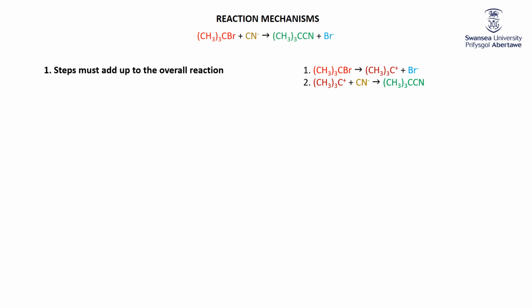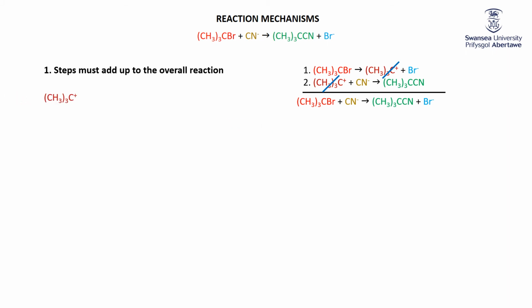So if we add these two steps together, then the (CH3)3C+ that was made in the first step gets used up again in the second step, so we can cancel that out. And what we're left with is indeed the original reaction. If it hadn't been, the mechanism is wrong.